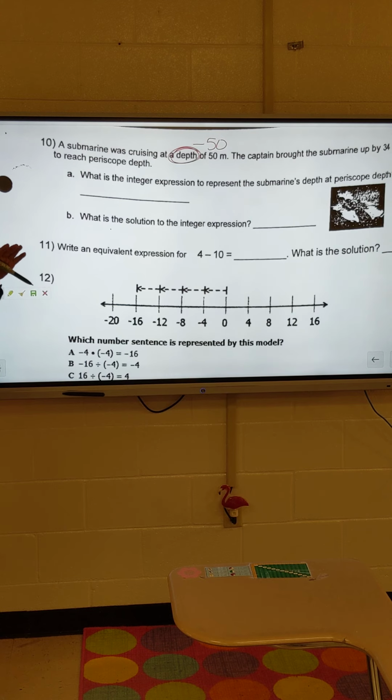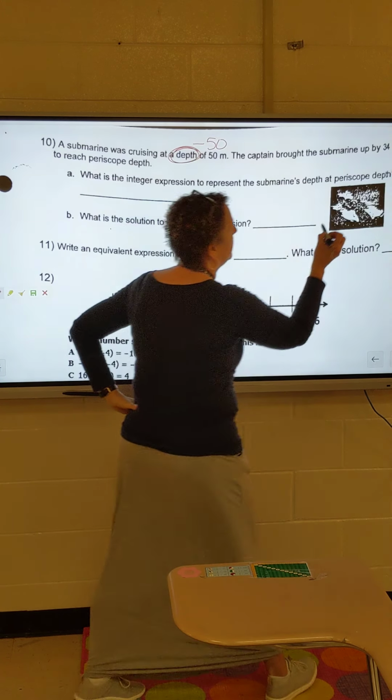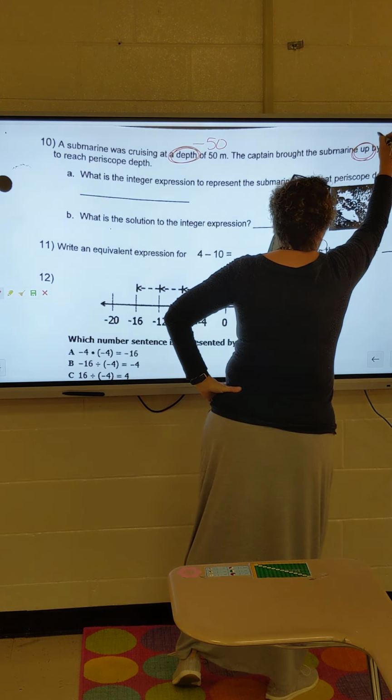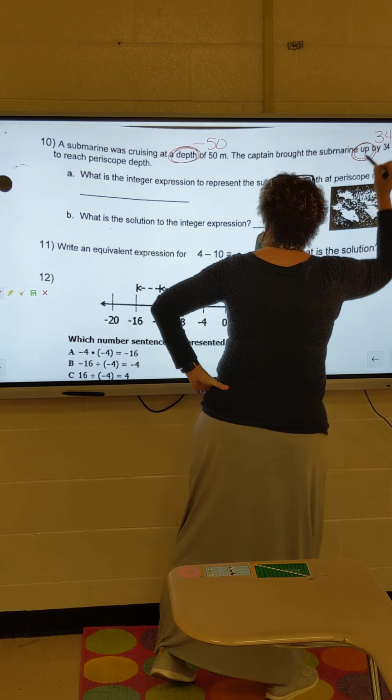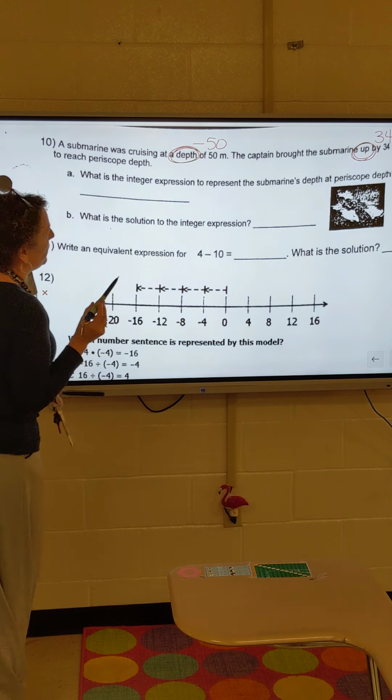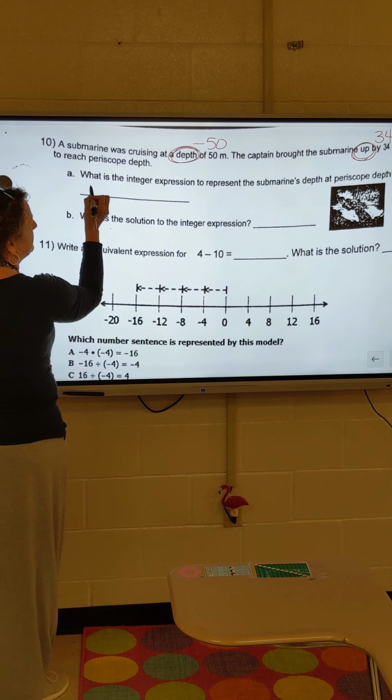So I'm assuming that periscope depth means that they are up enough in the water that if they let the periscope up, it would shoot out the top of the water for them to be able to see. But they're still down in the water, okay? Periscope depth of 34 meters. So he brought it up, making that 34 what? Positive. What is the integer expression to represent the submarine's depth?